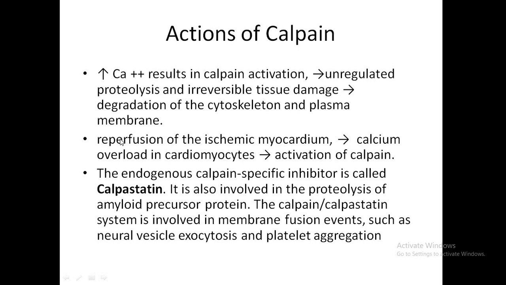In MI, when there is reperfusion of the ischemic myocardium, there is calcium overload in the cardiomyocytes, and it leads to the activation of calpain, and this can explain the reperfusion injury. The calpain specific inhibitor is called calpastatin, and it is involved in the proteolysis of the amyloid precursor protein. The calpastatin system is involved in membrane fusion events.